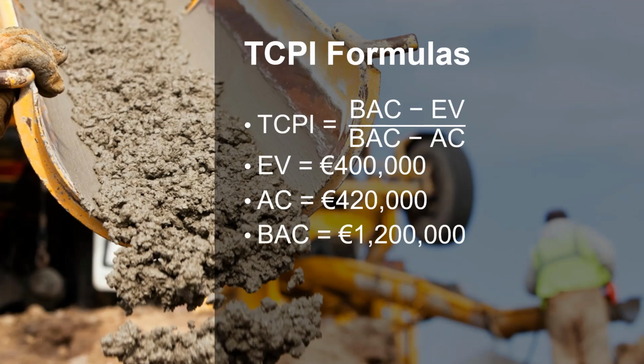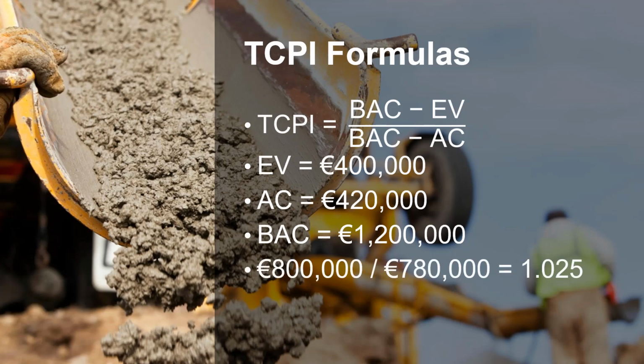That works out to be €1.2 million minus €400,000, which is €800,000, divided by €780,000, which is €1.2 million minus €420,000. Doing the math, our TCPI is 1.025. This means that the CPI in the future must be 1.025 to make the original budget.